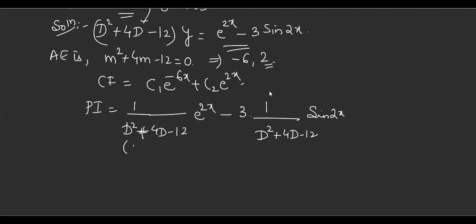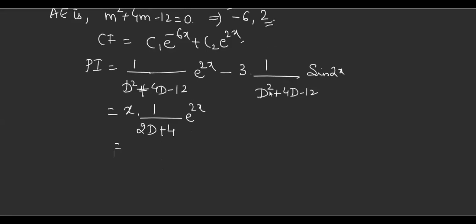So if it is 0, whether to replace or don't replace? What is the procedure? Multiply numerator by x and differentiate the denominator. Derivative of D square plus 4D minus 12 is 2D plus 4. Very good. 2D plus 4, minus 0. Now 100% it will not become 0.